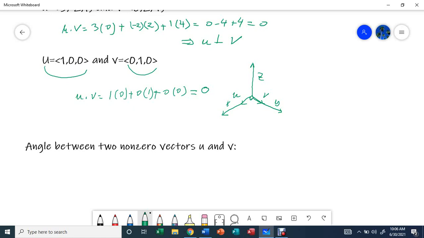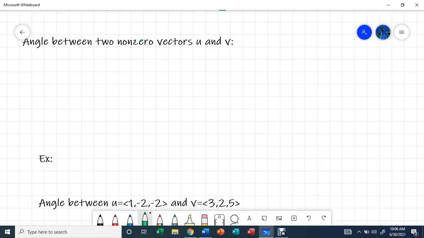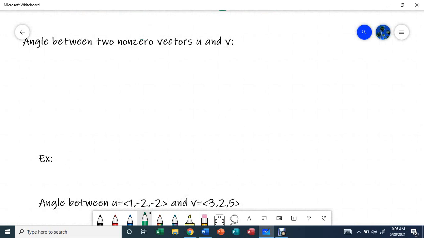So now let's look at another property of the dot product, which is how you can find the angle between two vectors using this expression. First of all, we're going to start with the formula. The angle between two non-zero vectors, u and v.